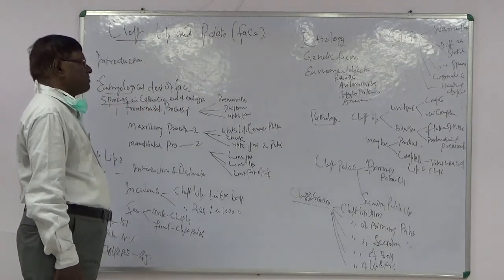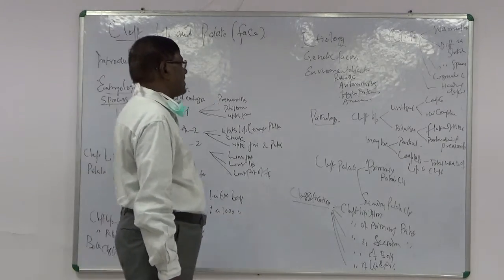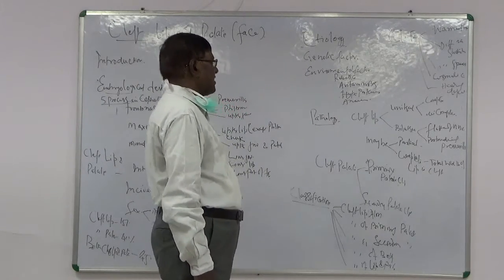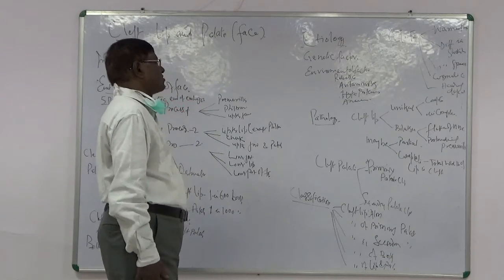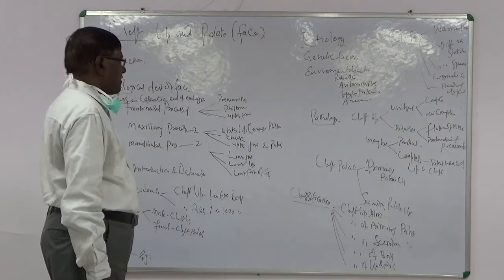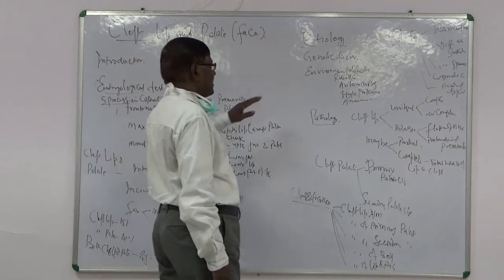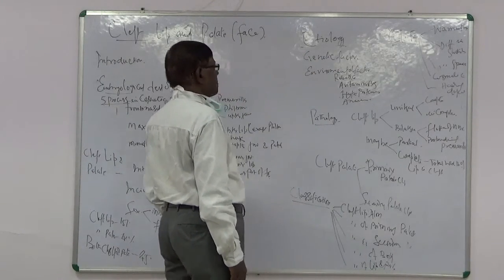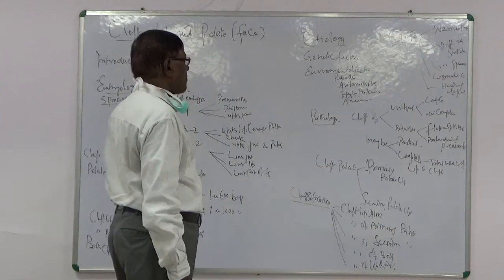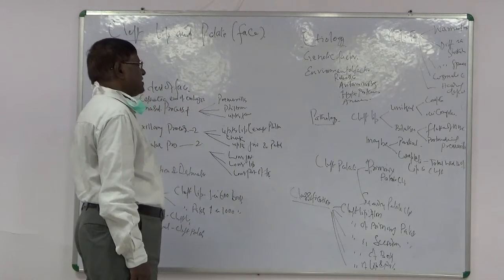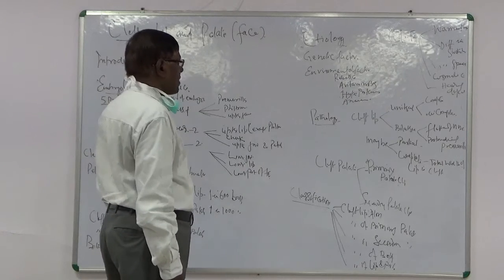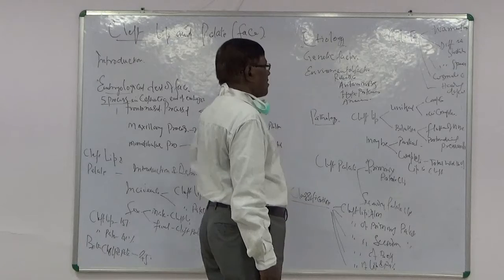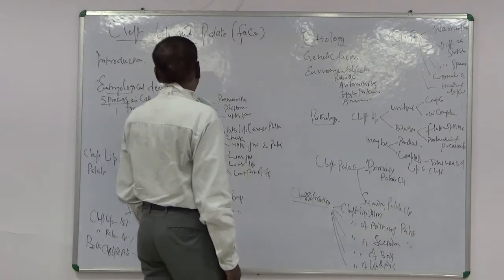That means if the mother or father, if the parent suffers from cleft palate or cleft lip, the incidence rises in their offspring. If father or mother is suffering from cleft lip or palate, the chances of cleft lip in their offspring are more than normal. So the genetic factor also acts in the development of cleft lip.